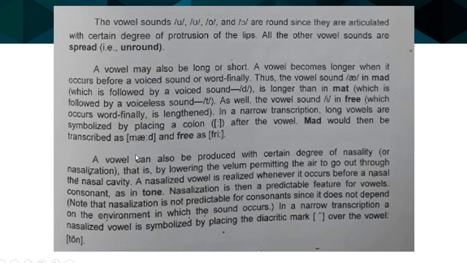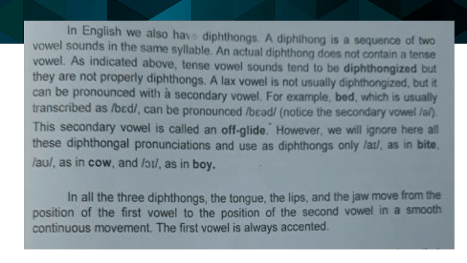Students, you can read this in Rubén Villarreal's book. And this is the final paragraph. It says, in English, we also have diphthongs. A diphthong is a sequence of two vowel sounds in the same syllable. An actual diphthong does not contain a tense vowel. As indicated above, tense vowel sounds tend to be diphthongized, but they are not properly diphthongs.